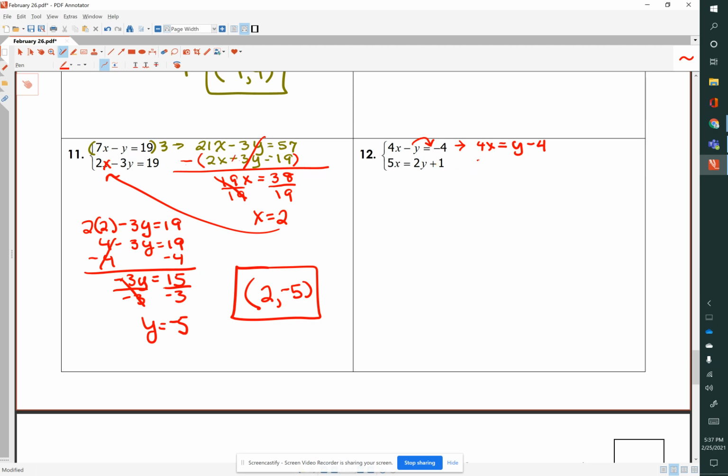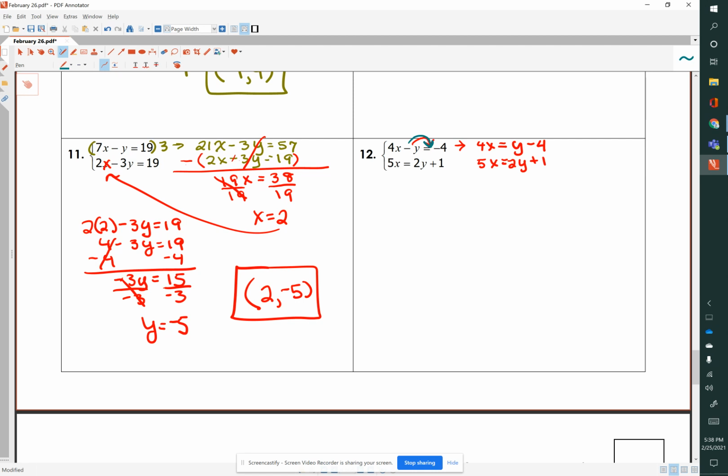And then my second equation, 5x equals 2y plus 1. Do you see what I had to do there? I had to align the x and y values with their respective side on the equal sign. There are a number of ways you could have done that to align them up. That just to me seemed much easier, to move y to the right side of the equal sign.